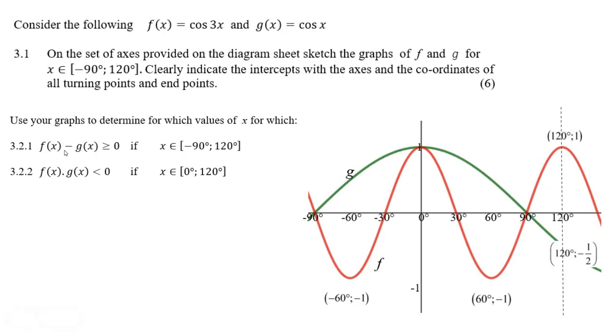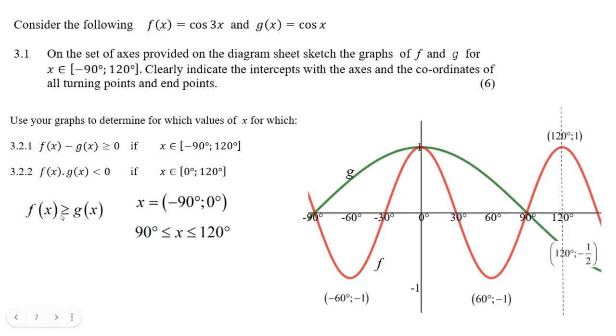Now, how do we do this? f of x minus g of x is greater than 0. Well, where is that true? It's much easier to think of it as adding g of x to both sides, and to think, where is f greater than g? Where does the red go above the green? Well, it only happens here.